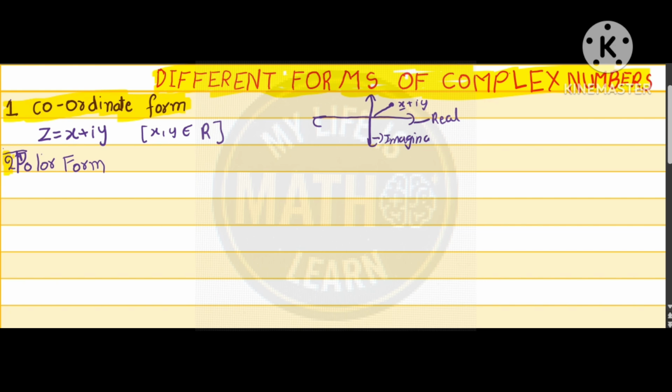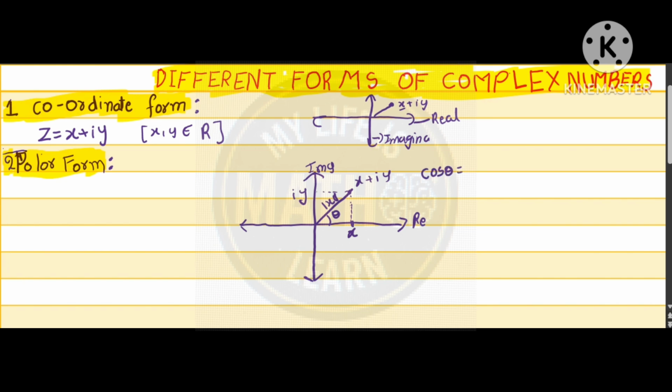Next form, polar form. Every complex number is in the form of x plus iy. From the origin, the line makes an angle theta. We can make a triangle on the positive x-axis.